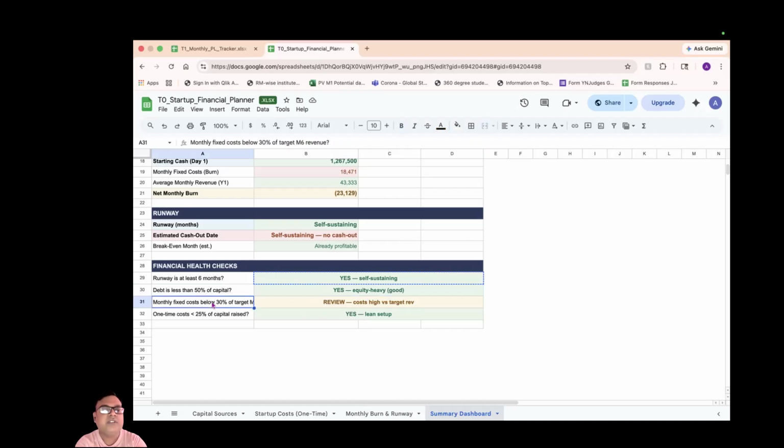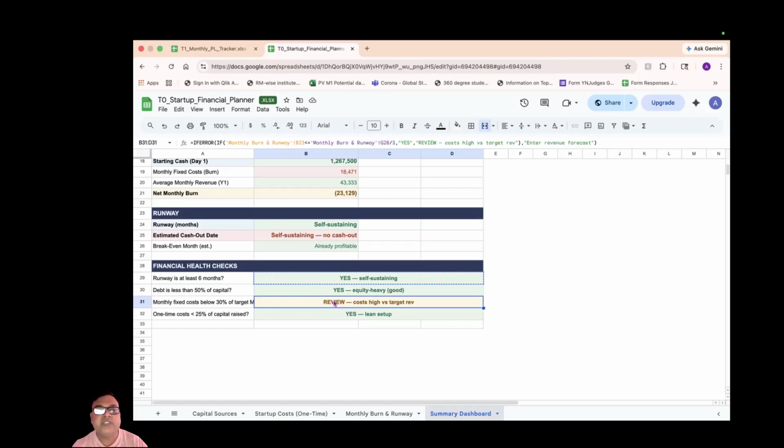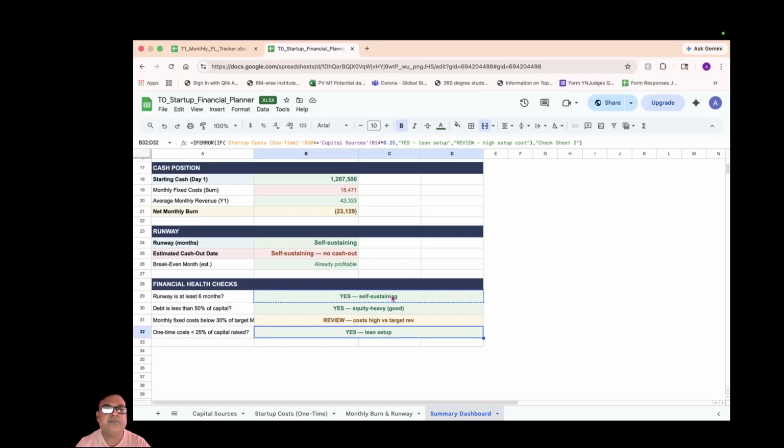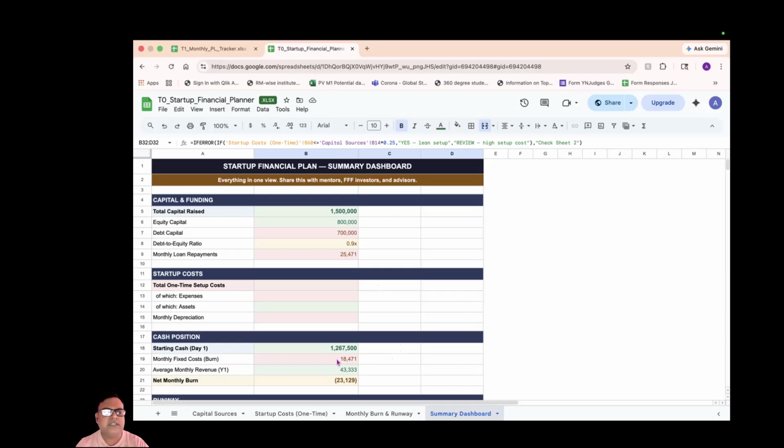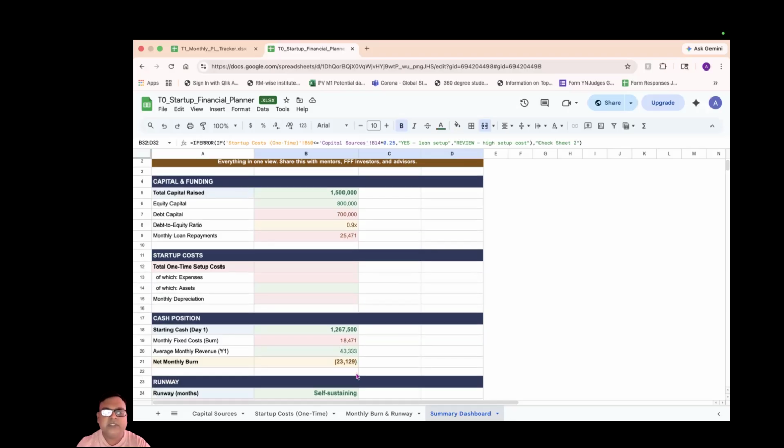Monthly fixed costs below 30% of the target. Okay. So it is in review section, costs high versus target. Okay. One time costs, which is less than 25% of the capital raised. Right. So we have mentioned all these things. We'll see. So this is the one template.